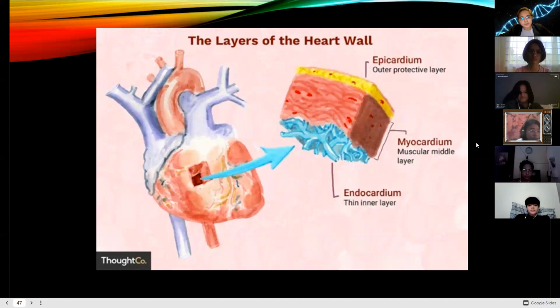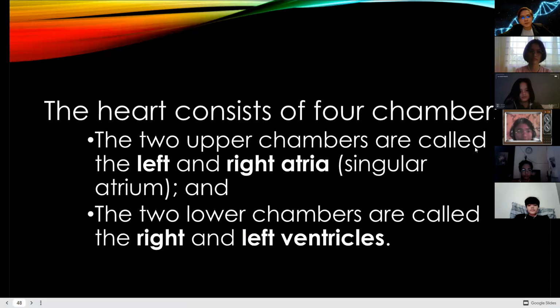None, sir. Okay. The heart also consists of 4 chambers. Remember that our heart is a four-chambered heart because it pumps twice simultaneously. It pumps blood to your lungs, that is the pulmonary circulation, and it pumps blood to all parts of your body through systemic circulation.